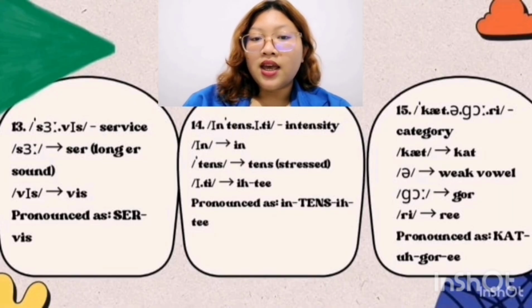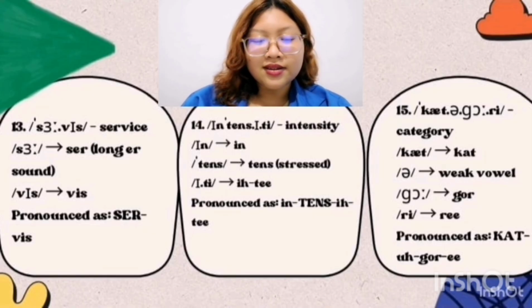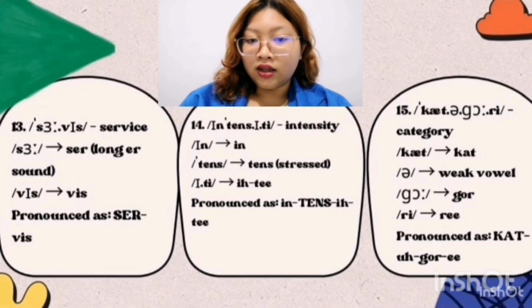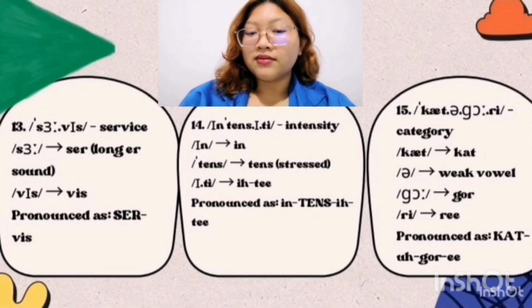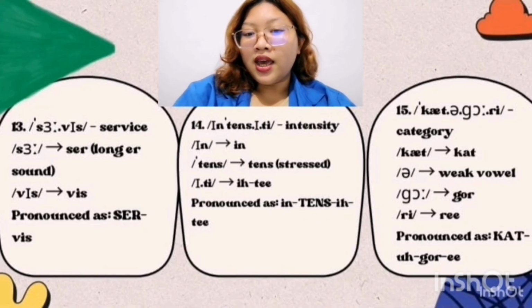Number 14, intensity or intensity. How is it read? "In", "ten", stressed, "sih", "tee". So the pronunciation will be "in-ten-sih-tee", intensity. Number 15, category or category.